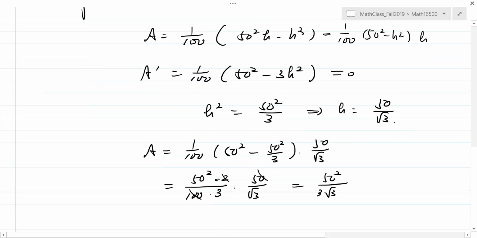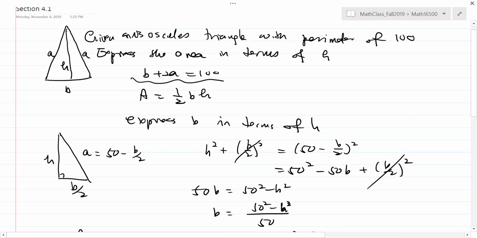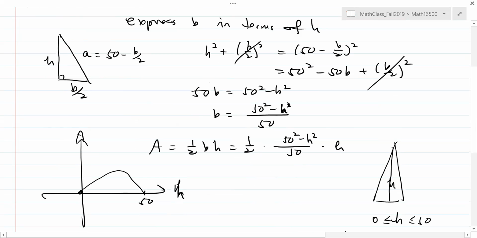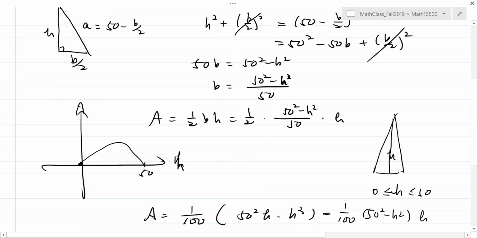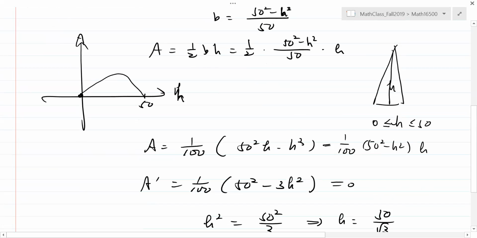Then there are many ways to express it. You have to express the area in terms of one variable. I decided this time in terms of h. So I get a polynomial in terms of h. Then I find the exact value of h so that the area has maximum value.